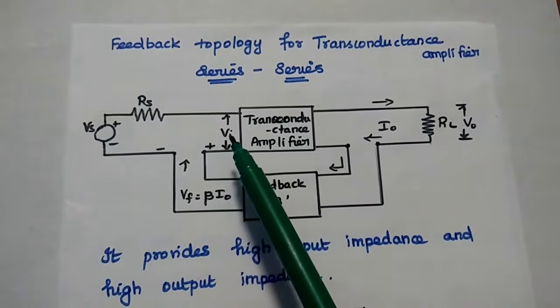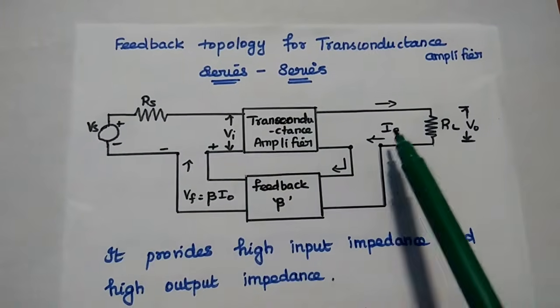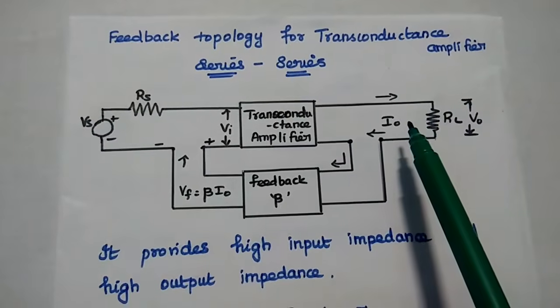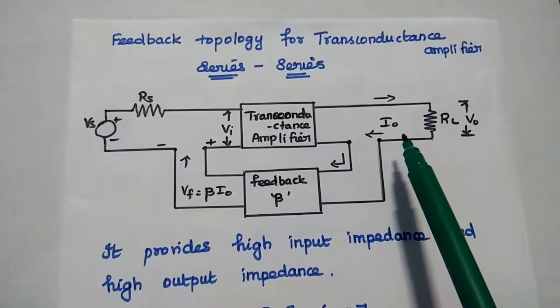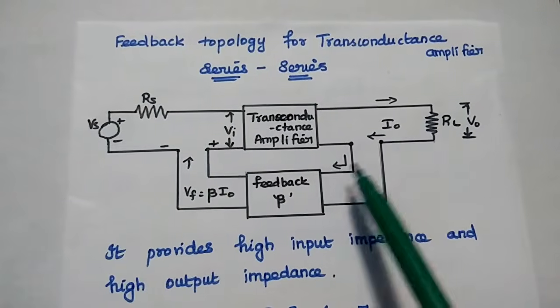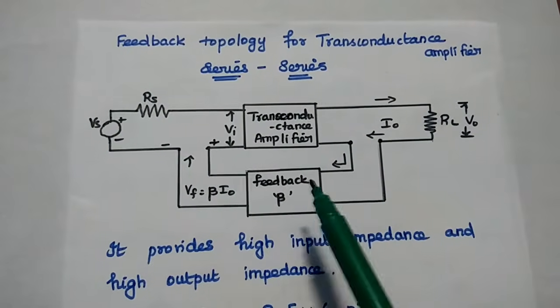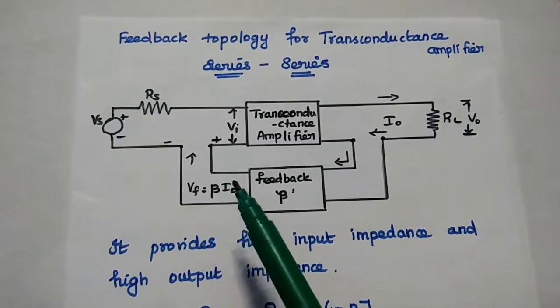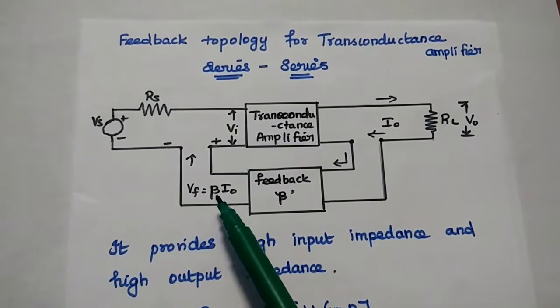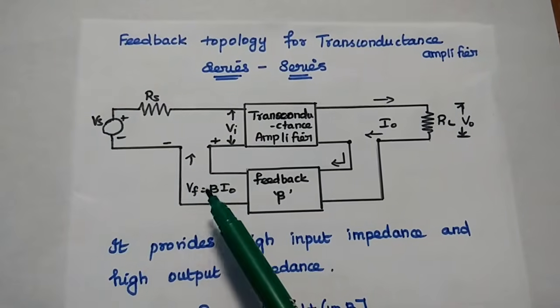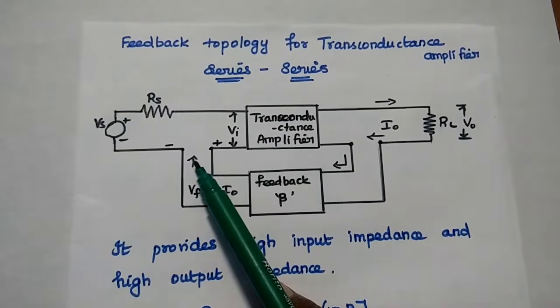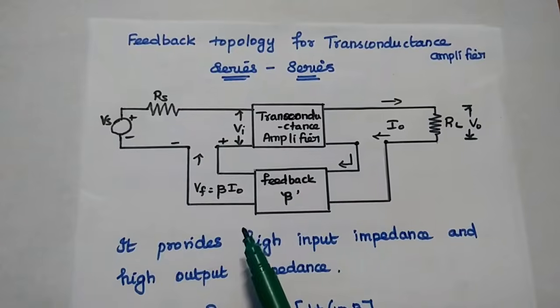So input is Vi, the output is IO, that is a current signal. We are going to sample this current signal at the output side, so we use current means series. Then we connect this feedback signal Vf, equal to beta into IO, in series with the input side. Hence it is called the series topology.